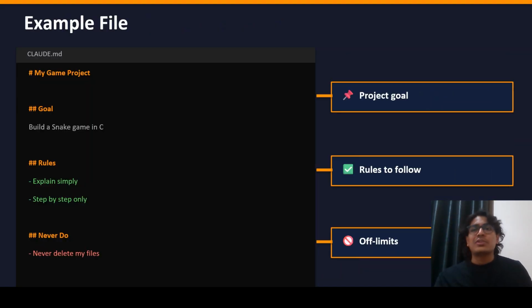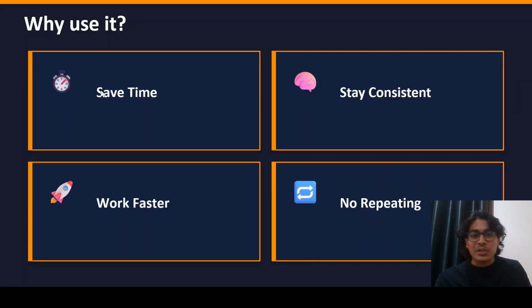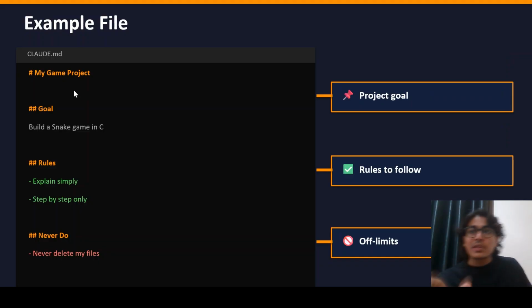Moving on, this is one of the examples which we have taken. First we define the goal. What is the goal of our project? This is the name of the project, my game project. The goal is to build a snake game in C. Anyways, guys, if you haven't checked how to build a snake game in C, I have already uploaded it, so you can check that.